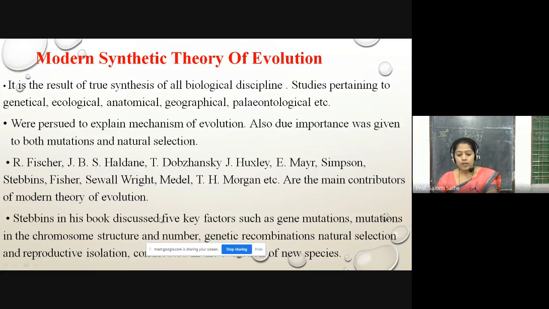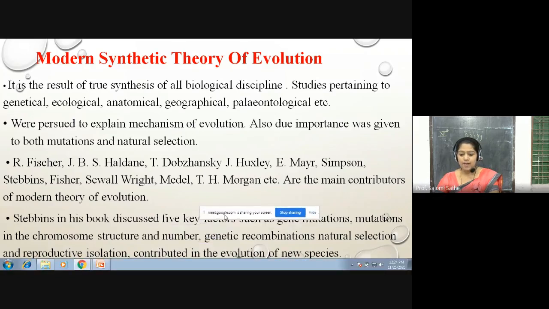And in such a way, 5 key factors such as gene mutation, mutation in chromosome structure and numbers, genetic recombination, natural selection and reproductive isolation contributed in the evolution of new species.